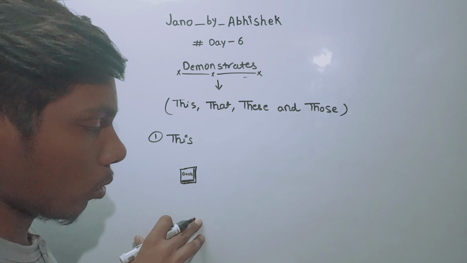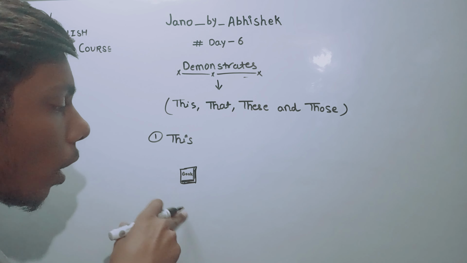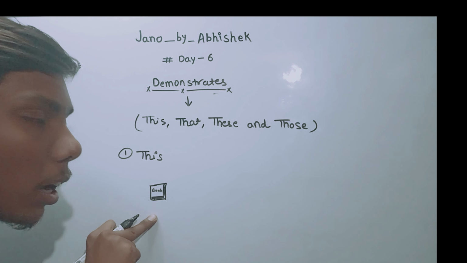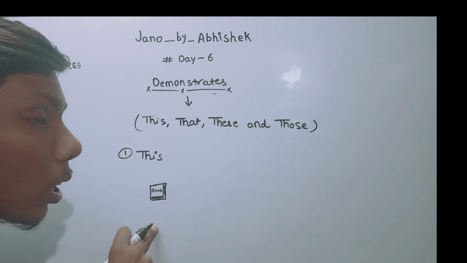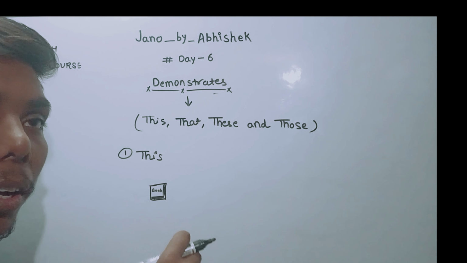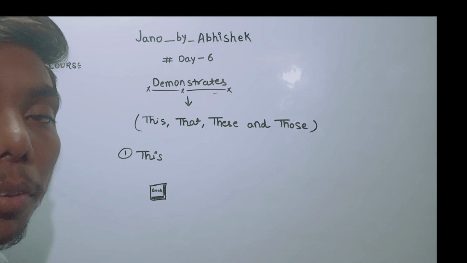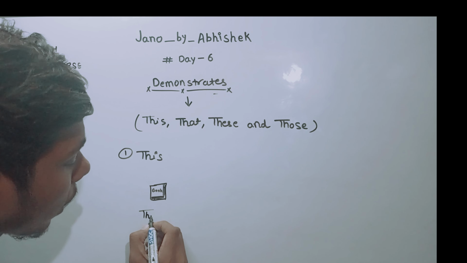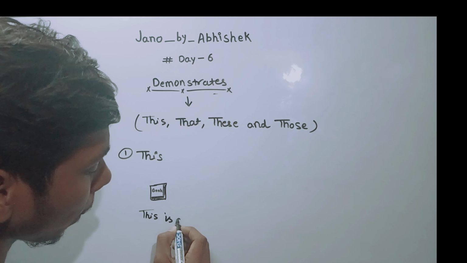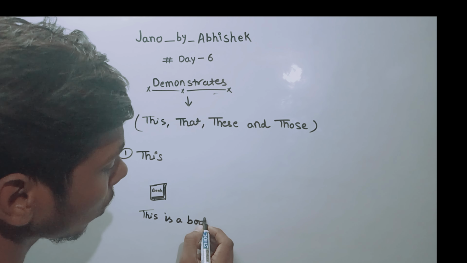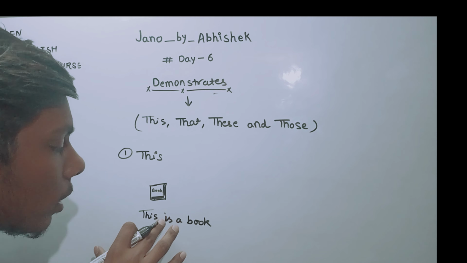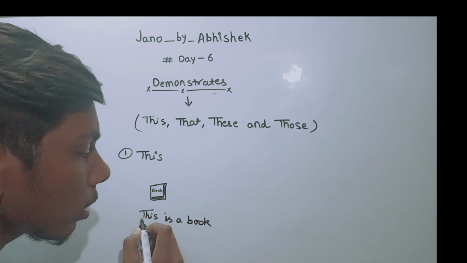I have a book. If I want to refer to it, if I want to point it out, I will say this is a book. It is near to me. Then I will say this is a book.